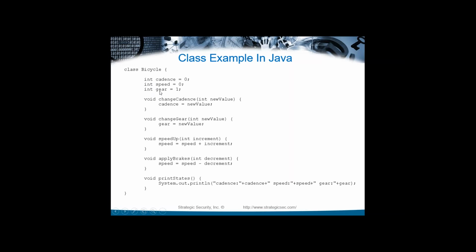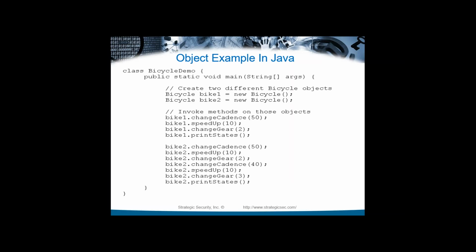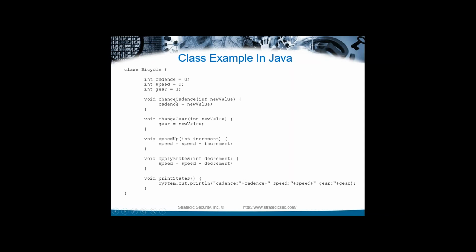Well, the reason is because even though it's a bicycle, the bicycles may look different, right? But you want the bicycles to be able to change gears. You see this line down here, change cadence? That's something you want the bicycle to be able to do, right?